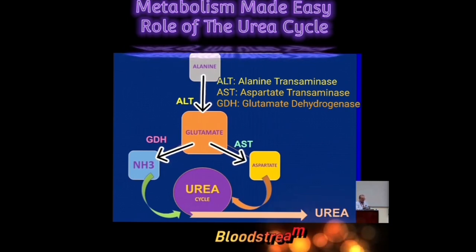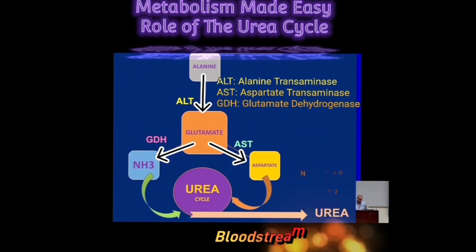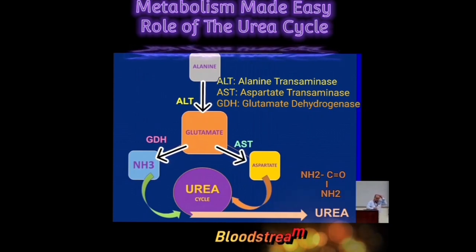It will incorporate two nitrogens in a molecule called urea. Urea is non-toxic. You may think otherwise, but urea is non-toxic. It can be transported in the bloodstream and excreted by the kidneys. Okay, that's the first important thing to think about. That really the urea cycle is about metabolizing nitrogens, about disposing of ammonia and nitrogens in a non-toxic way.